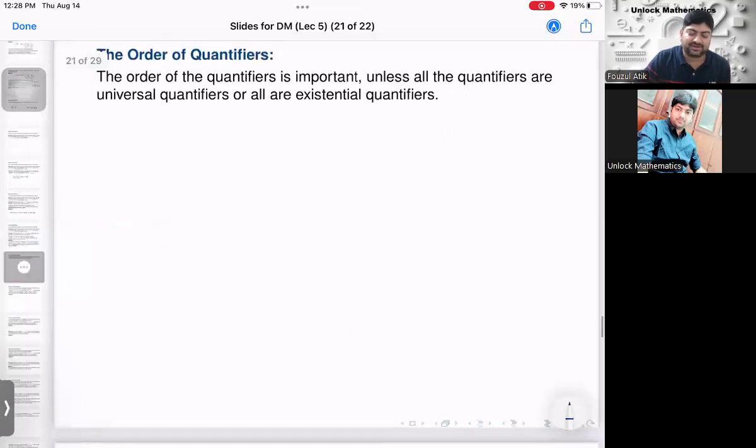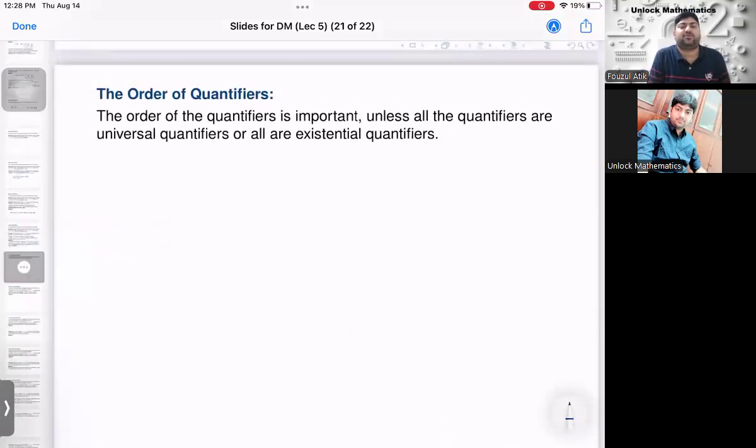Okay, next, a very important concept called the order of quantifiers. The order of quantifiers matters a lot. It will change the truth value. The order of the quantifiers is important unless all the quantifiers are universal or all of them are existential. If you have the same quantifier, then order may not matter.